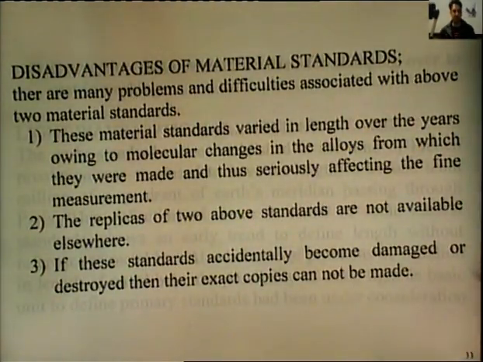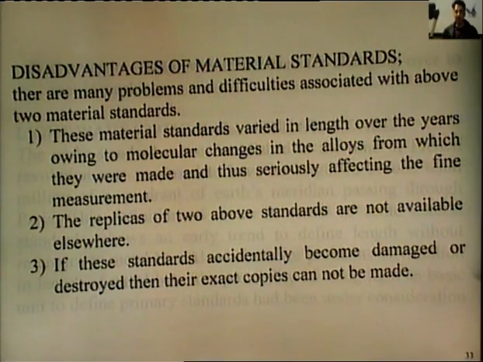We now discuss the disadvantages of material standards. There are many problems and difficulties associated with the above two material standards. Number one, the material standards varied in length over the years owing to molecular changes in the alloys from which they were made, thus seriously affecting fine measurement.